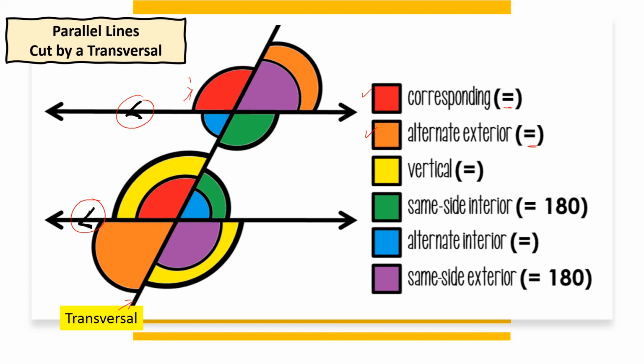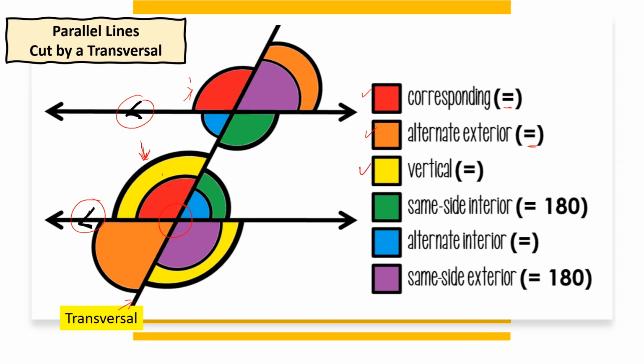Next you have vertical angles in yellow. I like to call them opposite equal angles. I say opposite because they're across from each other and they are congruent. Vertical angles are in yellow, and they form like a T shape or maybe an X. So opposite equal angles.